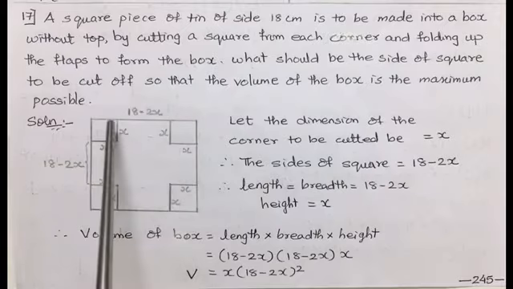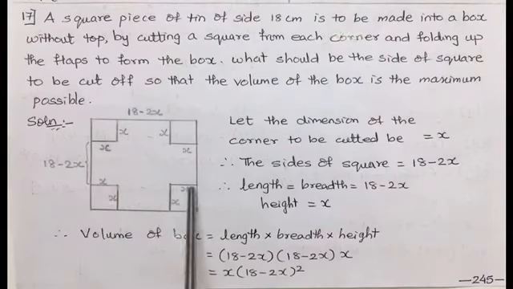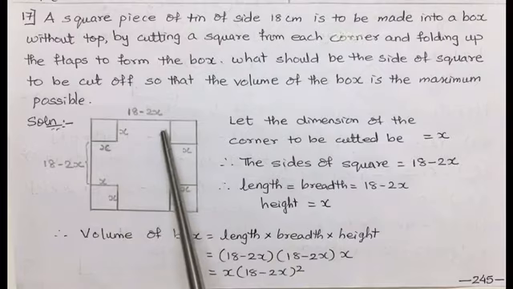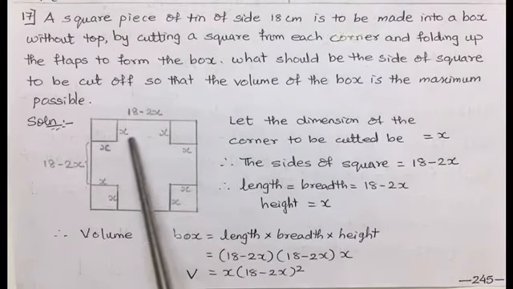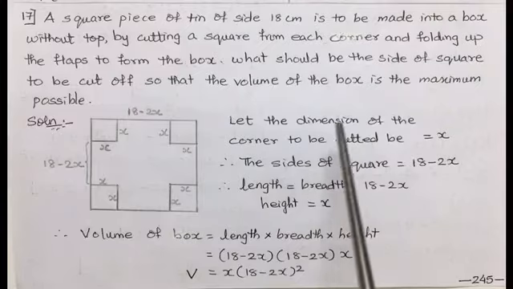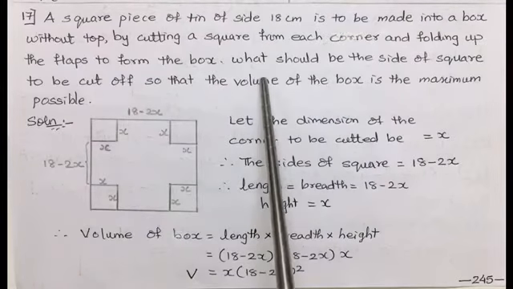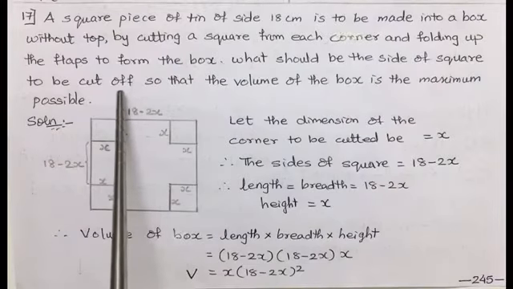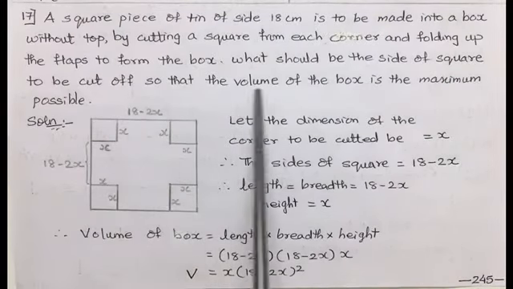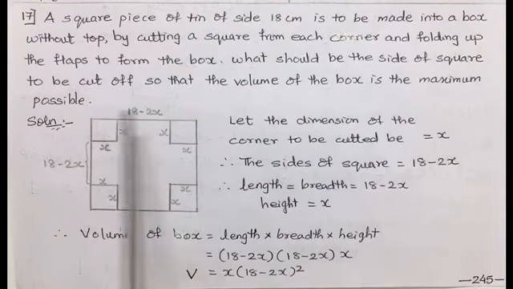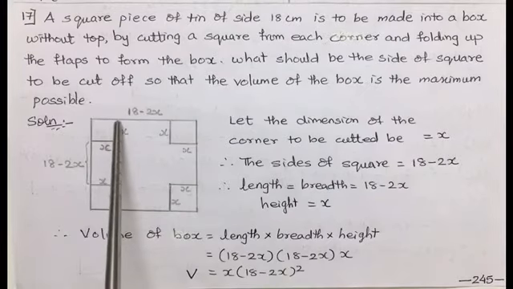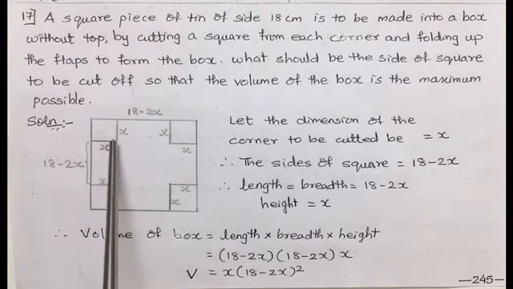So these are the corners which are being cut, and then whatever the remaining parts are there, they are being turned in the form of flaps and the box is being made. What should be the side of the square to be cut off so that the volume of the box is the maximum possible? That means we have to calculate here the dimensions of this square which are being cut.